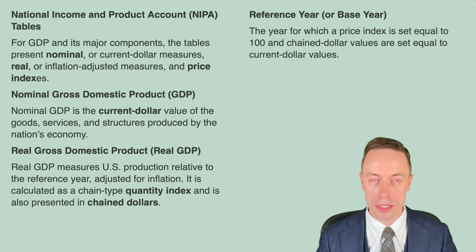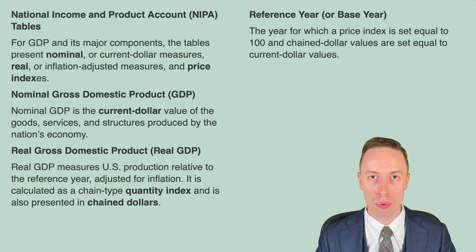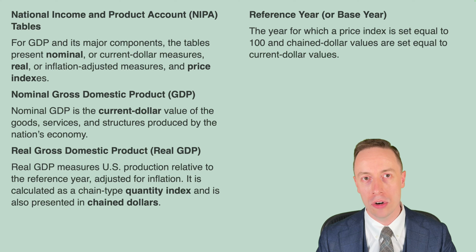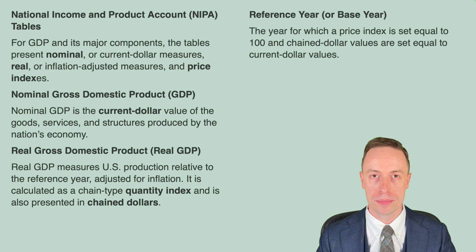However, these NIPA tables present GDP not just in the way we're already familiar with, which is referred to as nominal, meaning it is calculated using the prices that prevailed at the time, but also in real terms, meaning removing the effects of inflation, which can cloud the data picture. They are also price indexes that can be computed. So let's talk about this word here, nominal versus real.